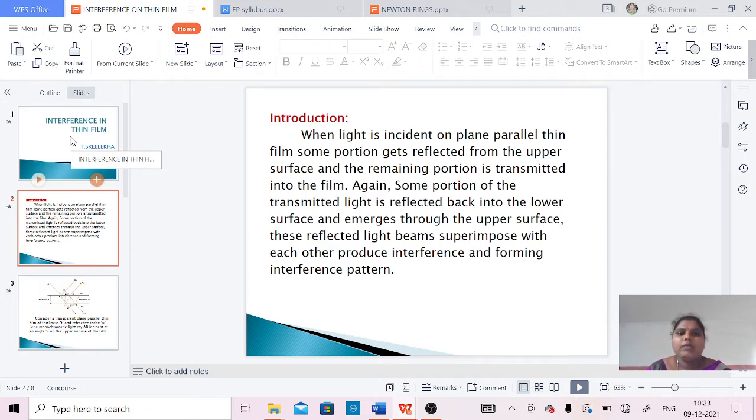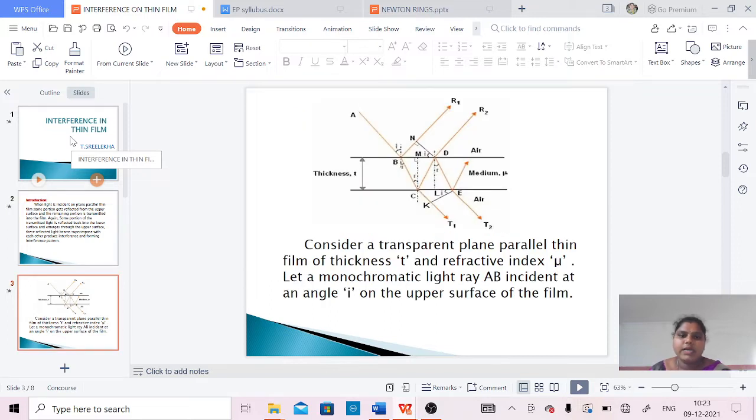So we are talking about that type of thin film whenever it is exposed to monochromatic light. What happens when it is exposed to white light? We will discuss that later. Now let us see interference in thin films due to a monochromatic source of light. See here.